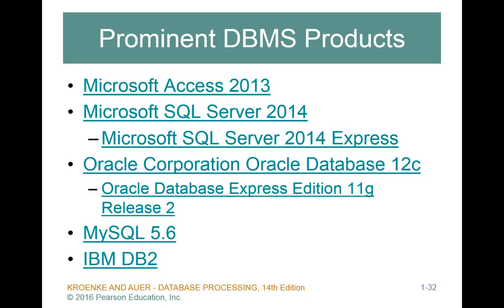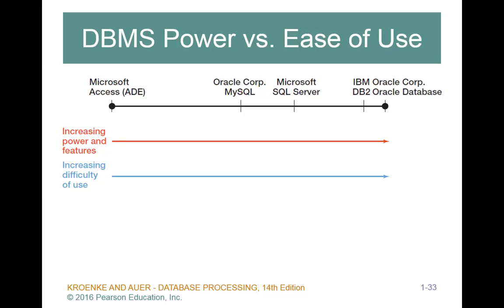Prominent database management systems: we already talked about Microsoft Access. We will use SQL Server in this class. There's also Oracle, MySQL, and IBM DB2. If we go from a power to functionality scale, Microsoft Access obviously will be on the low end, all the way up to an IBM DB2 type product or an Oracle product.